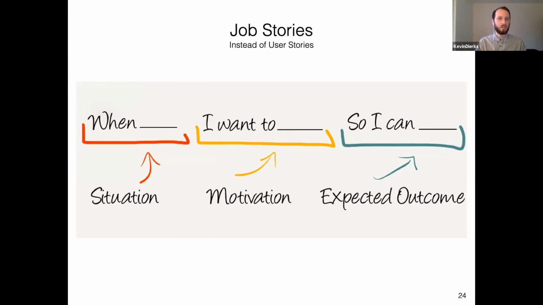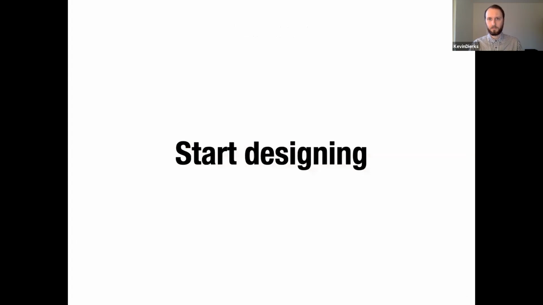So just writing down a couple of these job stories or user stories for yourself quickly helps you identify requirements for your mobile app. And with this, you have: what are others doing? Who are you designing for? What requirements do I need to fulfill for my mobile app?